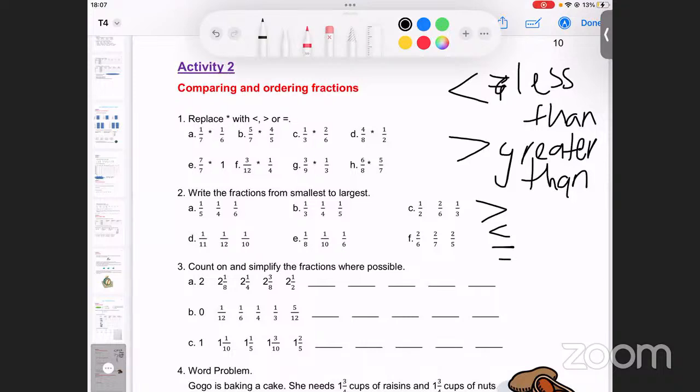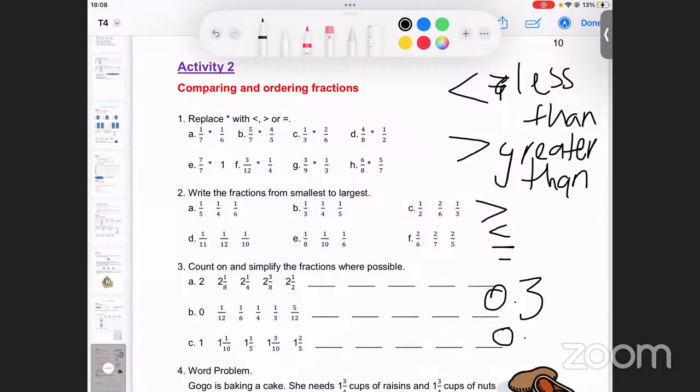So if we look at the first one, sometimes you want to know if 1/7 is bigger or smaller than 1/6. What you're going to do is place on your calculator 1 divided by 7, and write it as a decimal. So let's say you get 0.3, and then you check what 1 divided by 6 is.